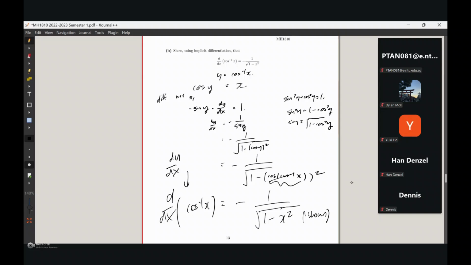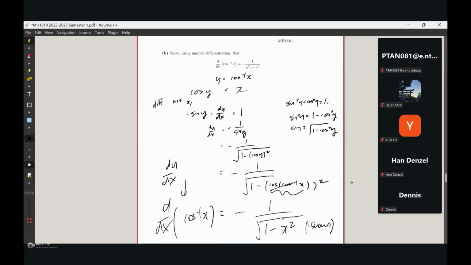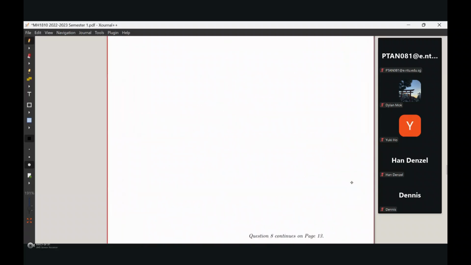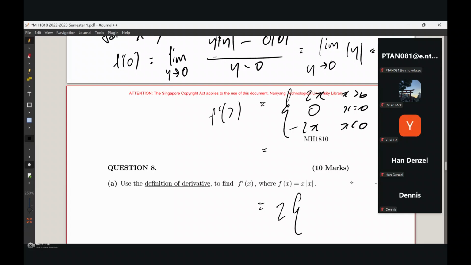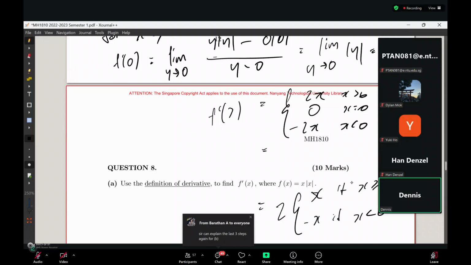I see one question. Why not x less than 0 and x more than or equal to 0? I assume in the previous question. This one here you get 2 times x if x is more than or equal to 0, negative x if x is less than 0. Professor, you take x, specifically x equals 0.